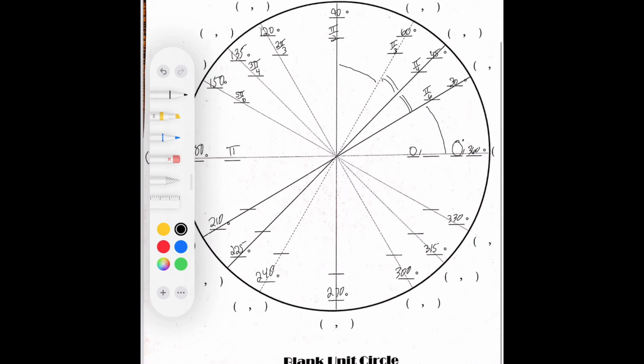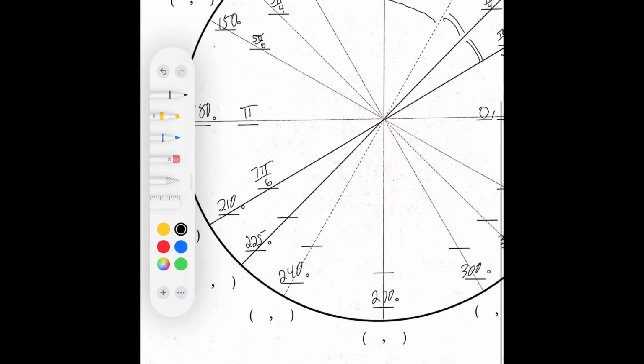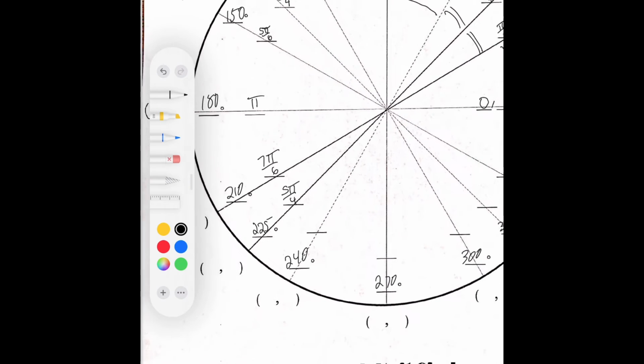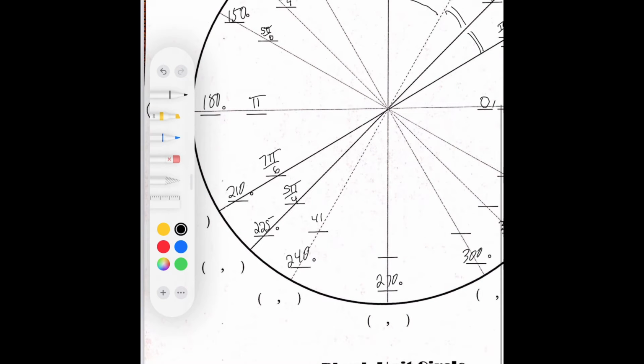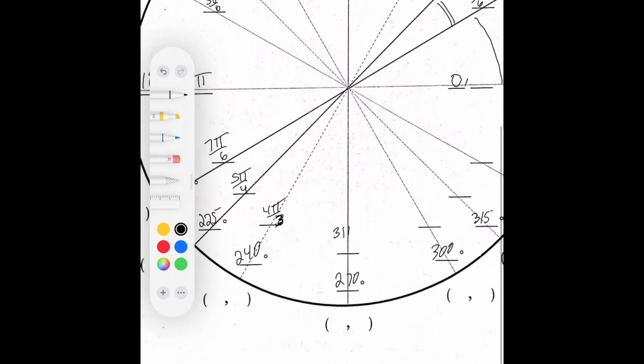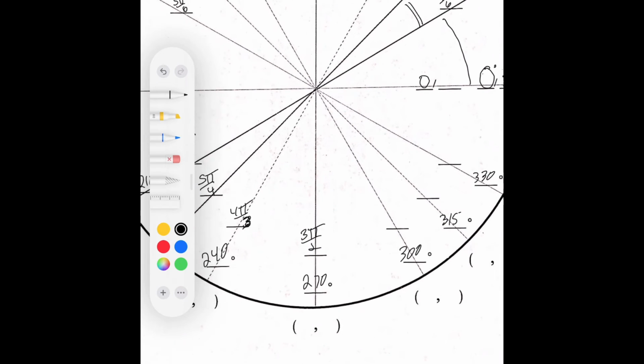All right, let's keep going. 30 more, that's 7 pi over 6. How many fourths is it right here in the middle? It's going to be 5/4. And then how many thirds? That's 4 pi over 3. And then how many halves? This is 3 halves. And then how many thirds?